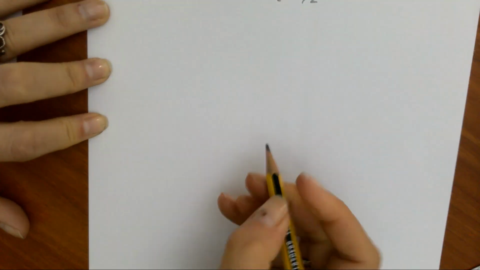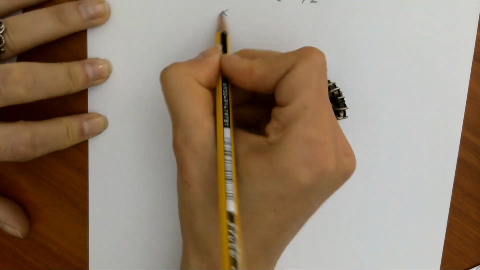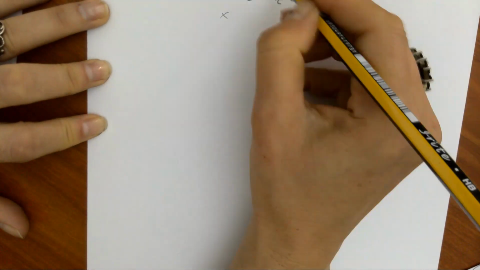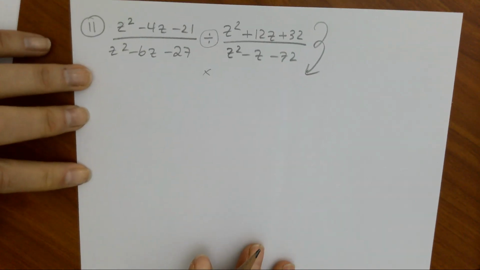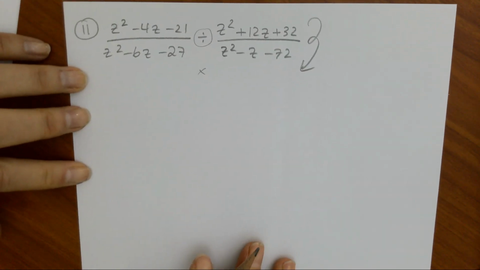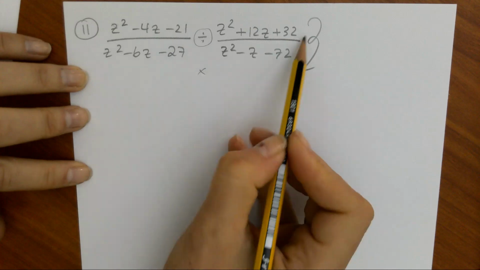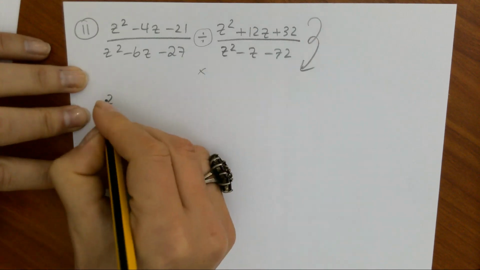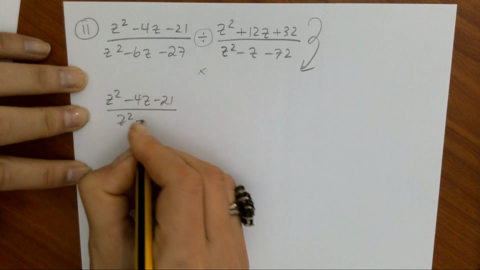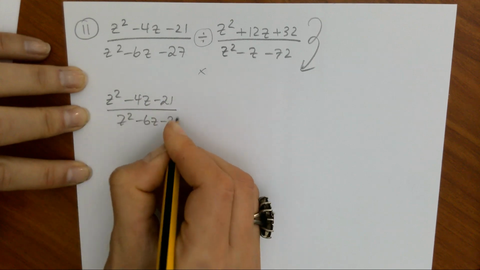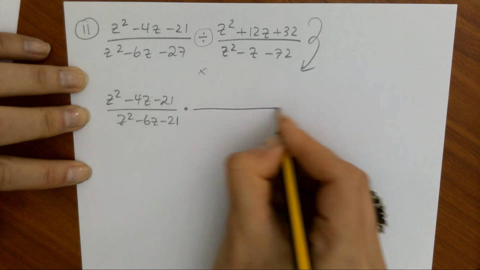Okay, so the rule is change it to multiply and change this upside down. You couldn't see what I was writing. There, so there's my question. So change this to multiply and change this upside down. Multiply. This goes on the top.